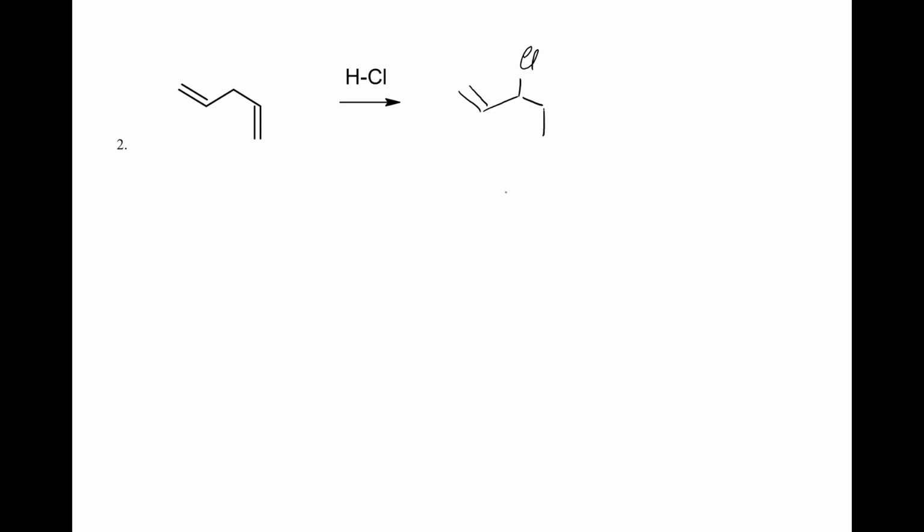It doesn't matter whether or not you start with the pi bond on the left-hand side or the pi bond on the right-hand side. Essentially, you'll arrive at the same product. So I started arbitrarily with the pi bond on the right-hand side. The attack on the hydrogen, the breaking of the hydrogen-chlorine bond. We will, of course, initially start with a carbocation on the more substituted carbon.